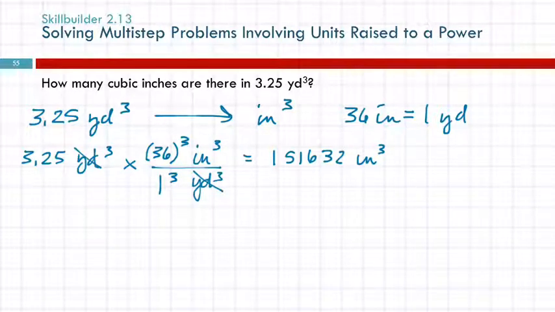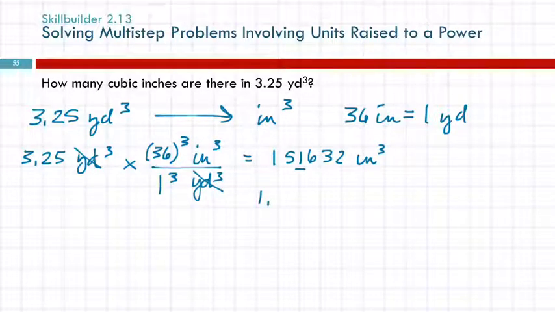How many sig figs? 3. The conversion factor is exact, but we started out with 3. So the 3rd digit is the 1 there. That means I'm rounding to the nearest 1,000. I can't make that into 152, so be careful. Best thing is to put it in scientific notation, and as you're putting it in scientific notation, you can do the rounding.